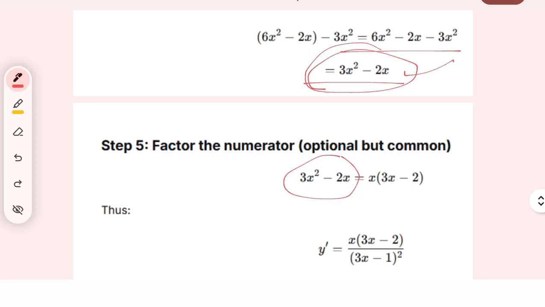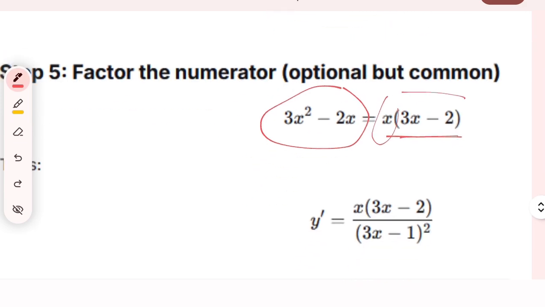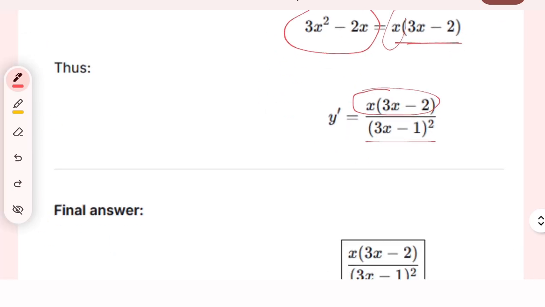We factor out x, so we put x outside, and what is left inside is 3x minus 2. So the numerator, when factored, is x times 3x minus 2, and the denominator is 3x minus 1 squared.